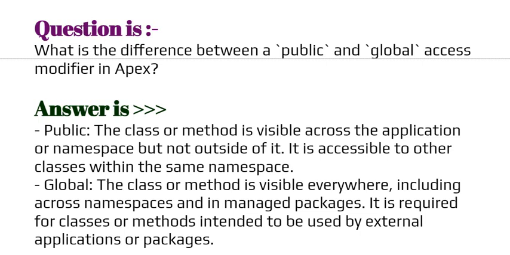It is accessible to other classes within the same namespace. Global: the class or method is visible everywhere, including across namespaces and in managed packages. It is required for classes or methods intended to be used by external applications or packages.